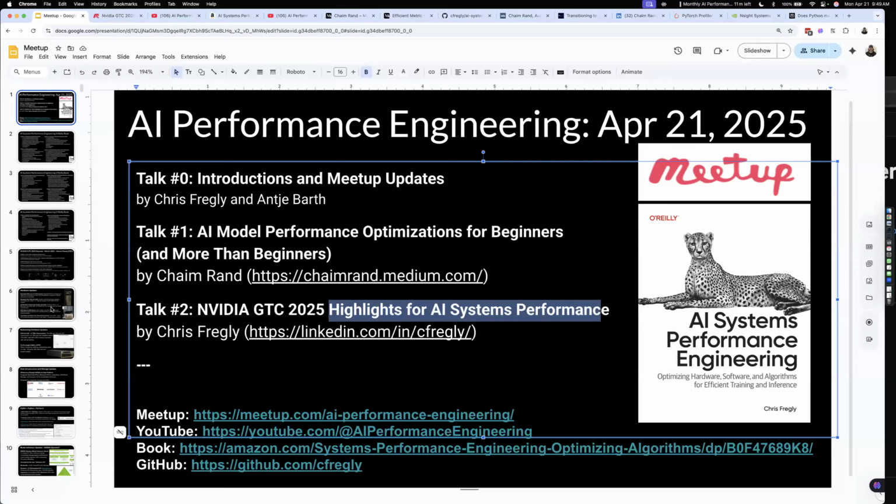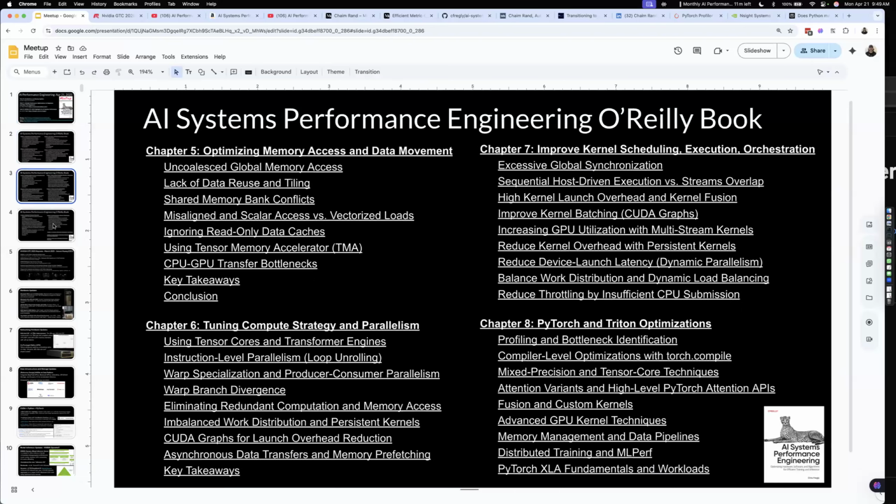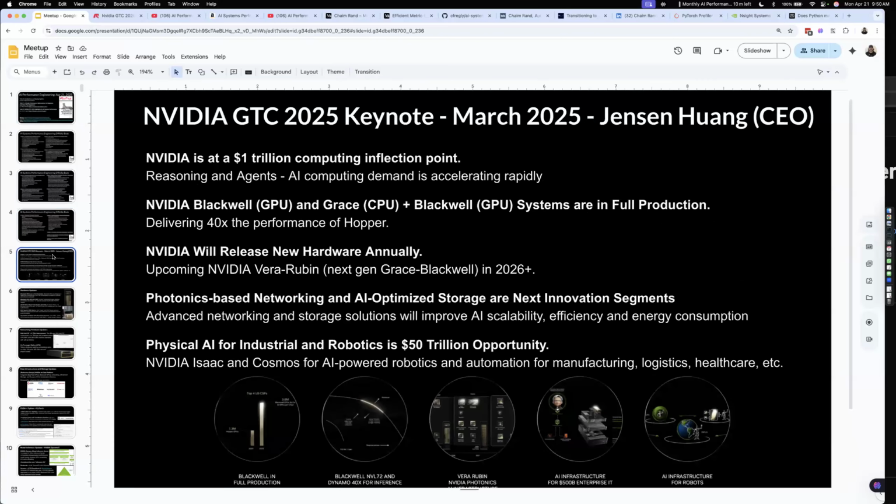And this is going to be hardware. I quickly mention the book here, the things that I'm covering. Let's get right into the keynote. Jensen Huang's a pretty funny guy on stage. He tends to just talk freely and doesn't really stick to any script, which is always fun.